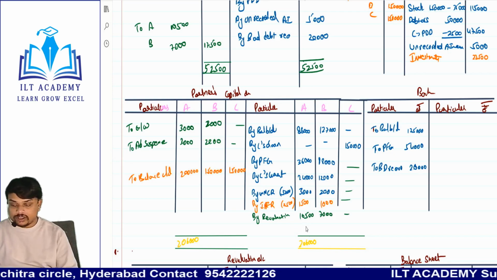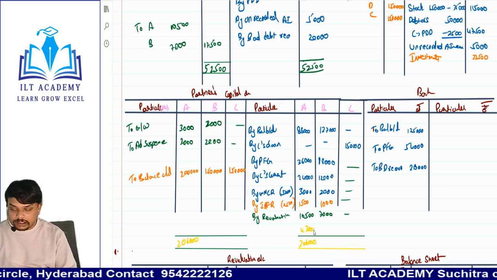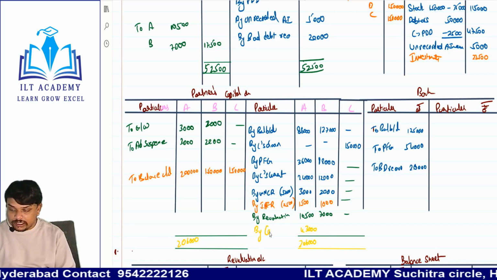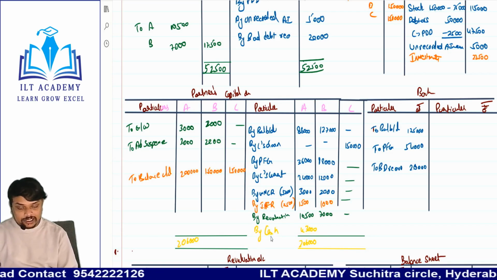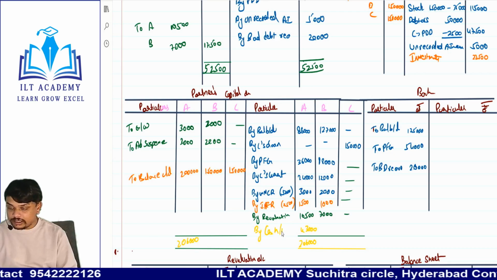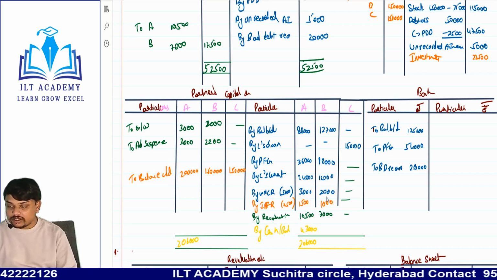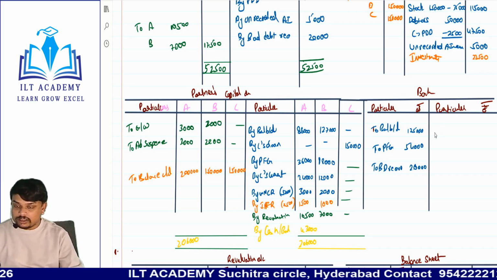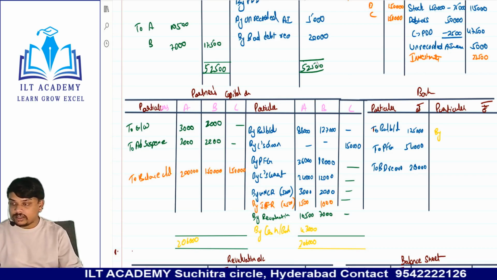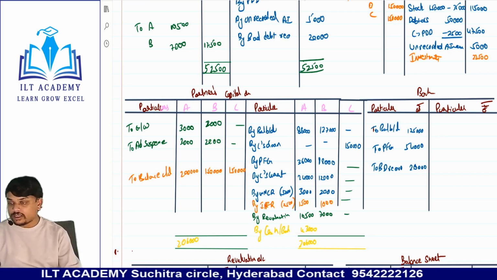If you remove, you'll get 43,000. And this you are going to write by cash. Okay, by cash or bank. So here only bank account is there, so better you write bank account.